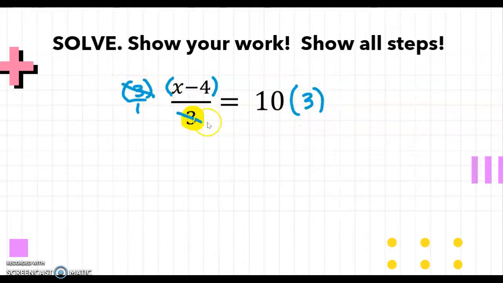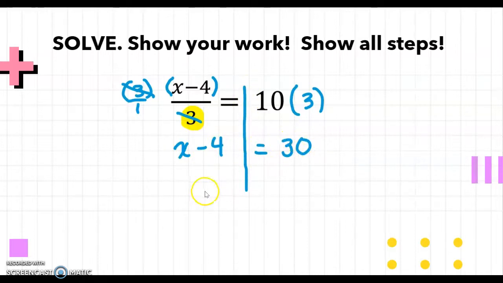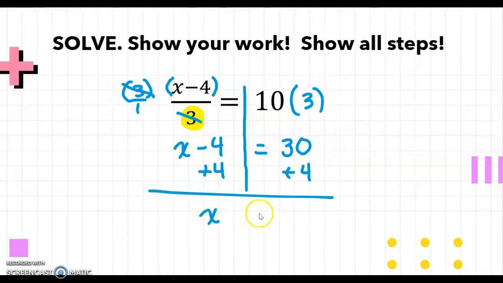And these 3's cancel out and make it a 1. So I'm left with x minus 4 equals 30. Okay, next I just have a simple one-step equation, and I have to add 4 to both sides to solve it. I end up with x equals 34.